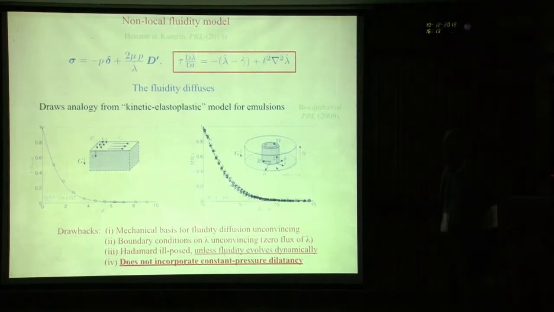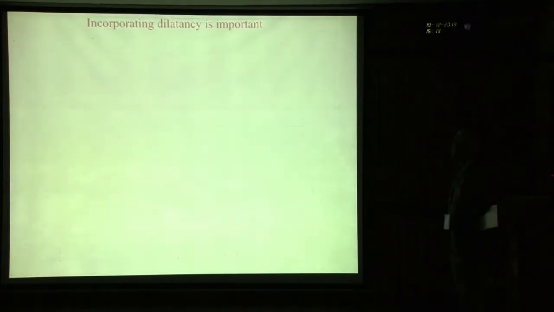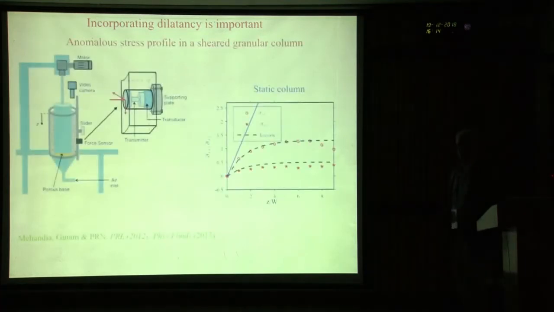So why is it important? I'll spend a few slides on that to first convince you that it is an important effect to include. We came upon this not by looking for a theory that needed constant pressure dilatancy, but by doing an experiment that suggested to us that this was something we should think about.